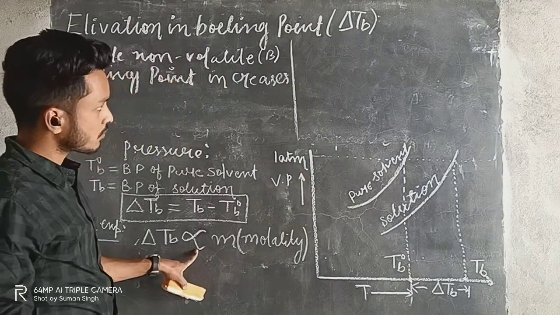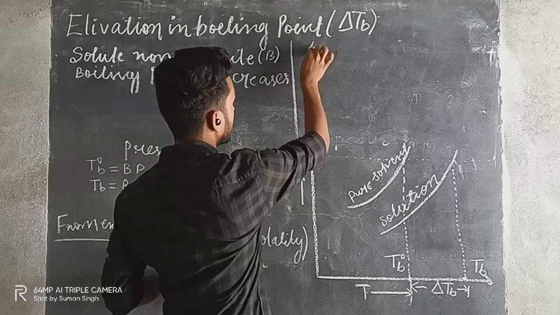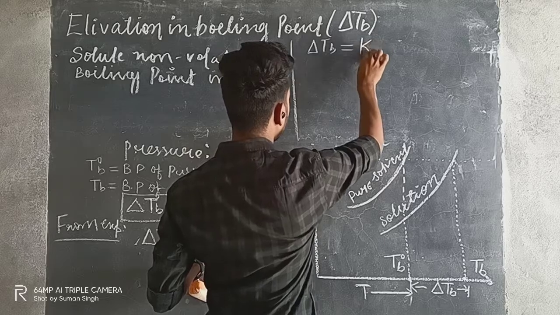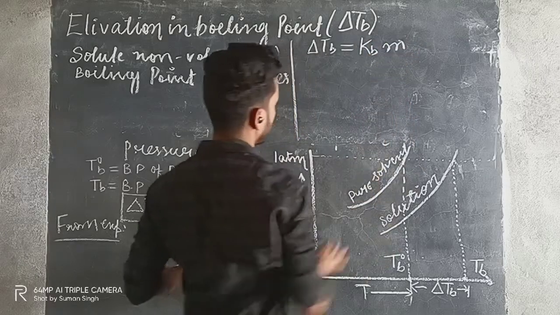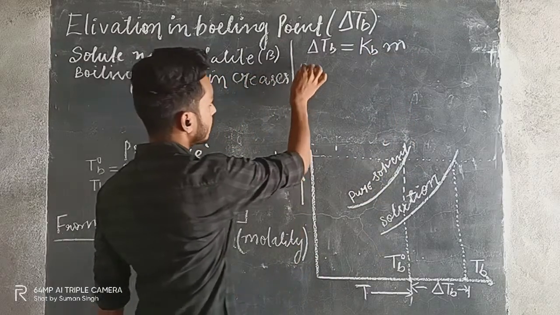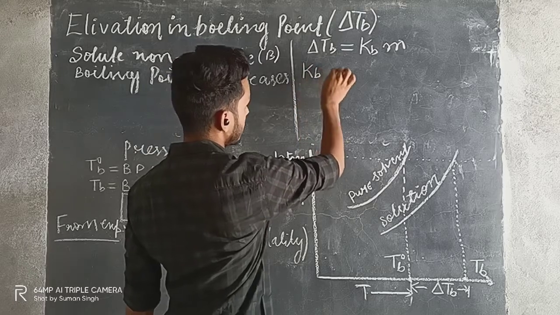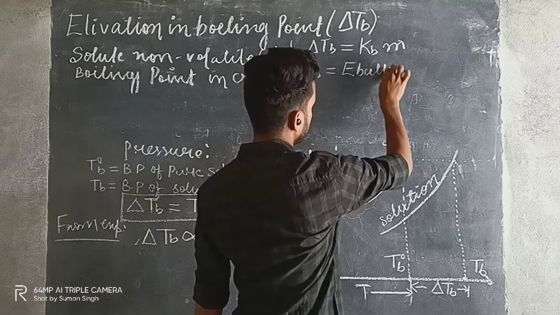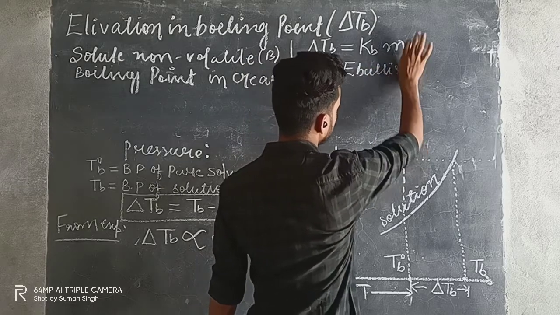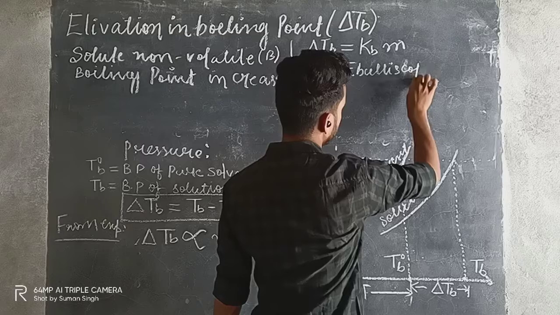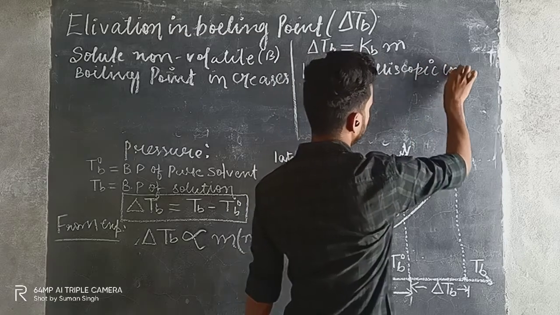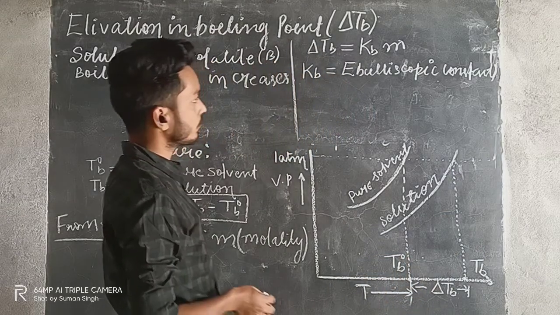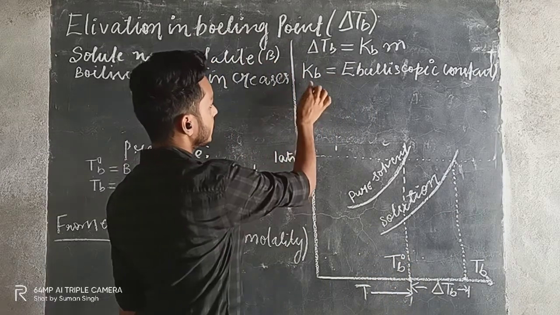To remove the proportionality sign, we use a constant: delta TB is equal to KB m. Here this KB is called the molal elevation constant or ebullioscopic constant.